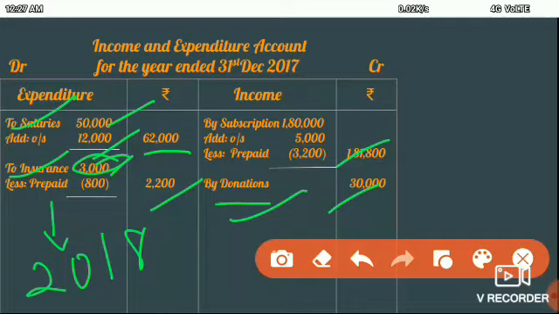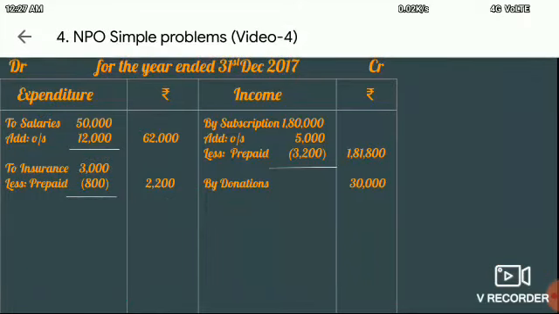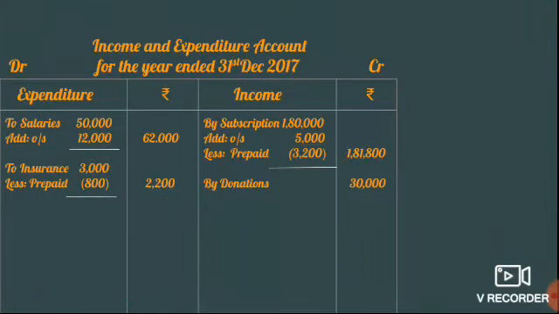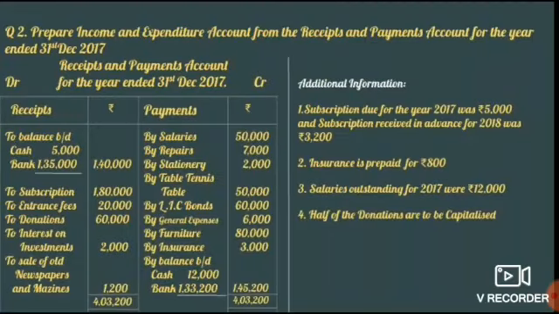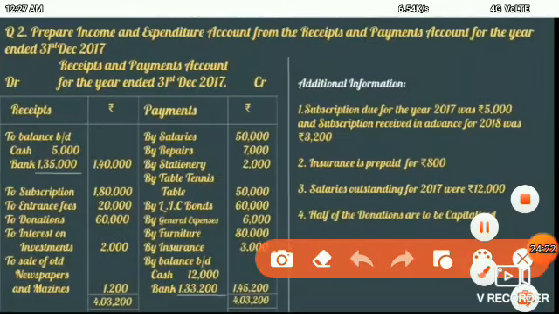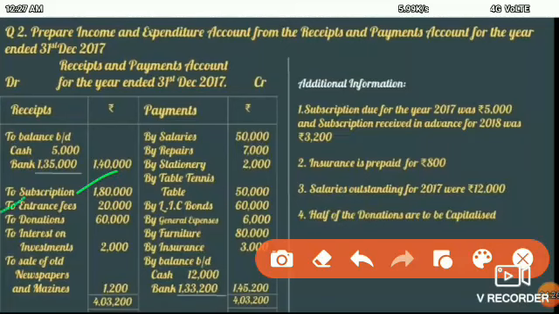Now let us take the other leftover expenditure and income which does not have adjustments. If we see here, we have taken subscription. Now we are going to take entrance fees. Donation is already taken. Then interest on investments. Then sale of old newspapers will be taken.